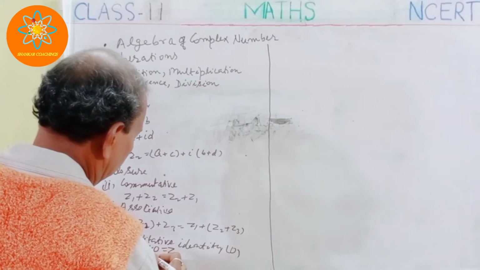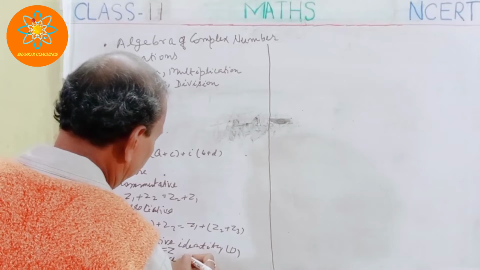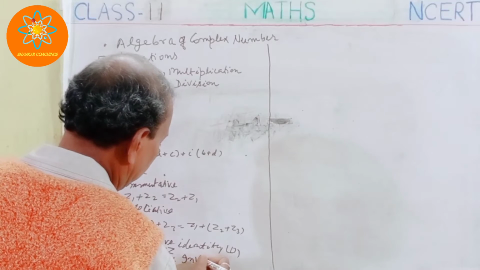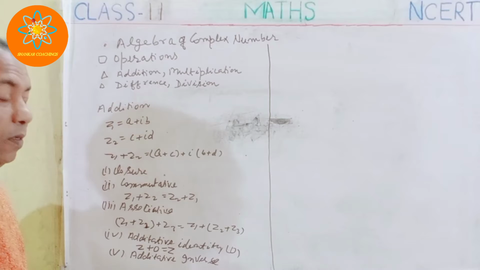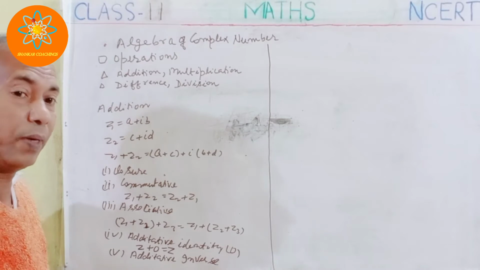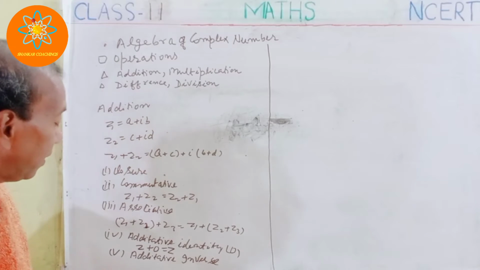What is the meaning of additive inverse? Additive inverse means if I take one complex number such that when I add it, I get the additive identity, meaning I get 0.